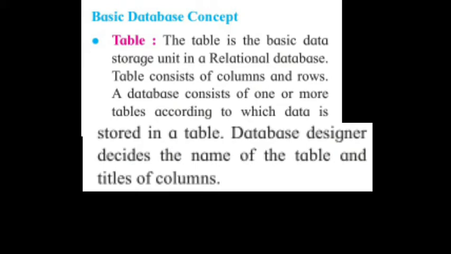Thereafter, standard, stream, contact number, date of birth. These are the various fields, meaning columns, which we consider within that table. Finally we club all these fields together, so it makes a complete record. And if we club all the records together, it forms a table. Is that clear? This is the thing related to the table.